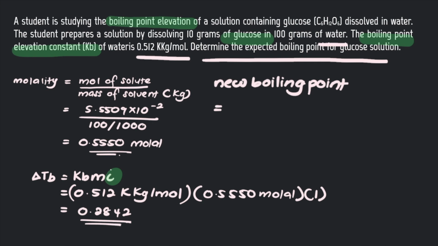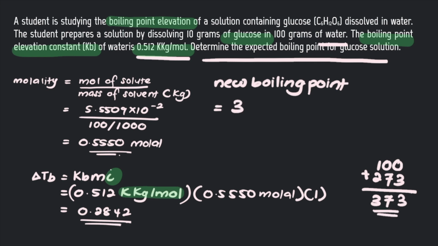Naturally your boiling point of water is equivalent to 100 degrees Celsius. In the question, you were given the elevation constant in Kelvin kilogram per mole here. So it means that this 100, you need to plus 273. So it's equivalent to 373.